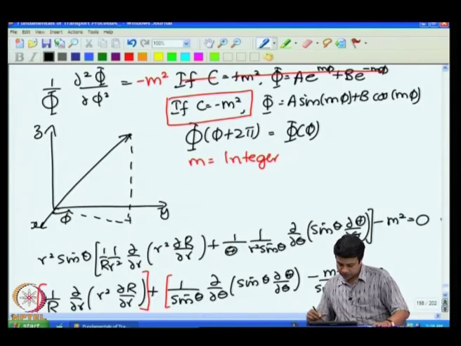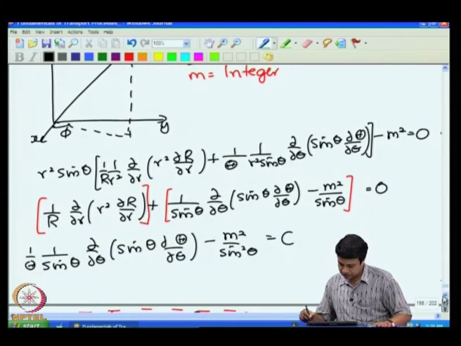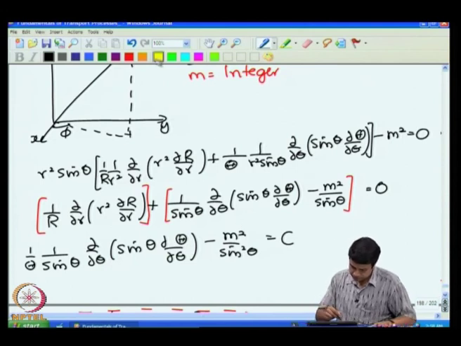Okay, that is because I have an m square by sine square theta here. Okay. When I divide throughout by sine square theta, I have m square by sine square theta, this term here.